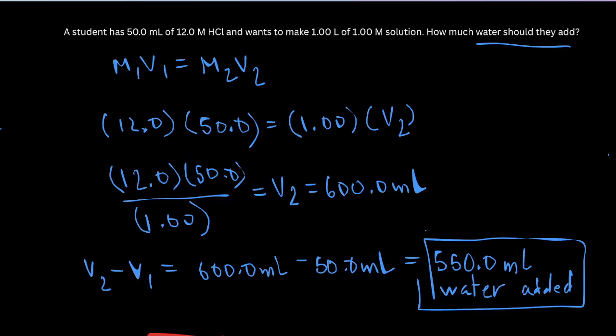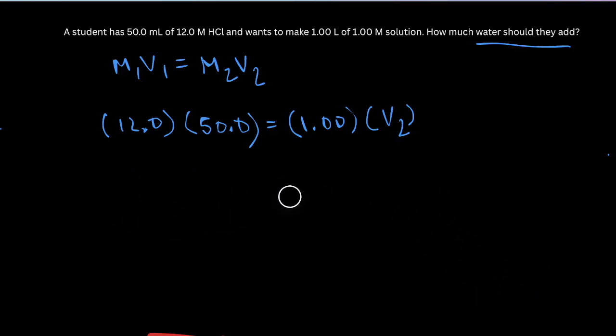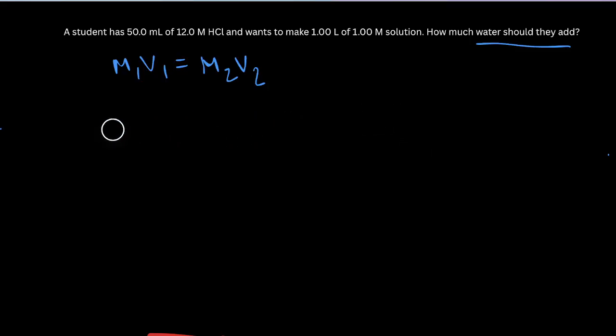So I hope that made sense. Again, just keep in mind those common mistakes of, one, forgetting that you have to be consistent with your units. That is, both V1 and V2 have to both be in either milliliters or both be in liters. If you're given milliliters and we're trying to solve for liters or vice versa, remember to convert between units and stay consistent when using M1V1 equals M2V2, or you will get the wrong answer.